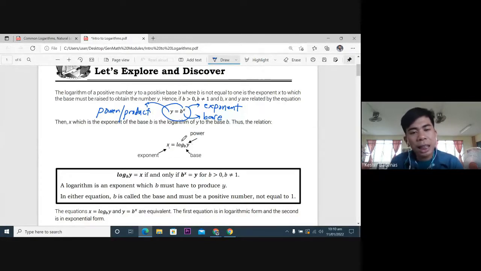Binabasa natin to class, log of y to the base b. Paikot yung basa niya. Lalaktawan niyo muna yung base, last binabasa yung base. So if we have y is equal to b raised to x, the logarithmic form is x equals logarithm of y with the base b.